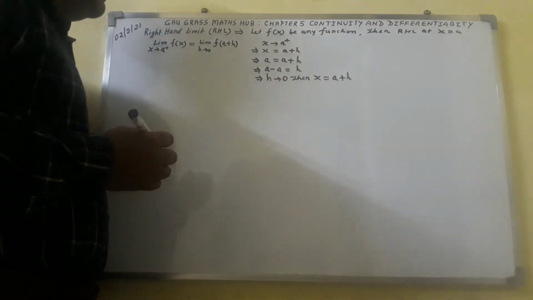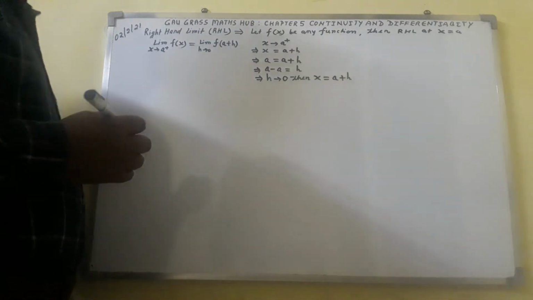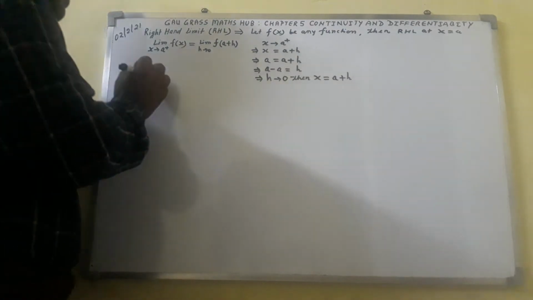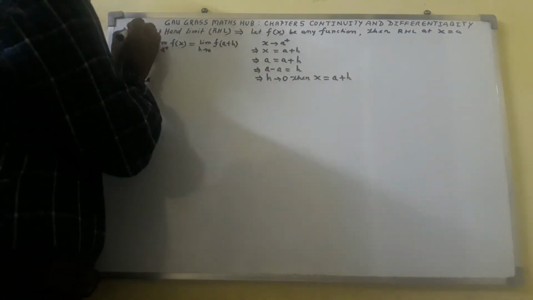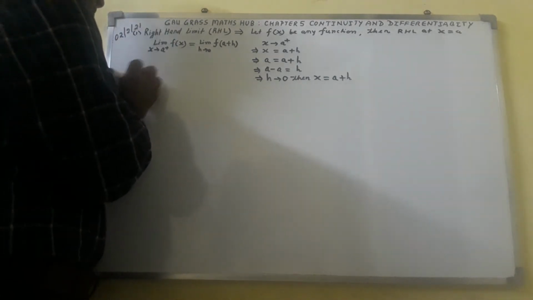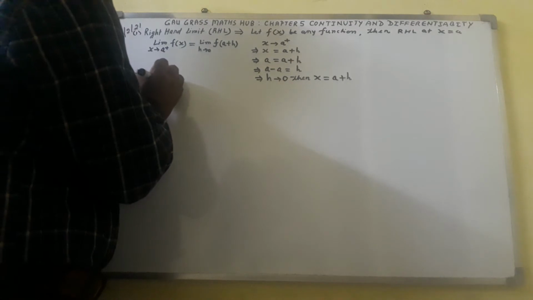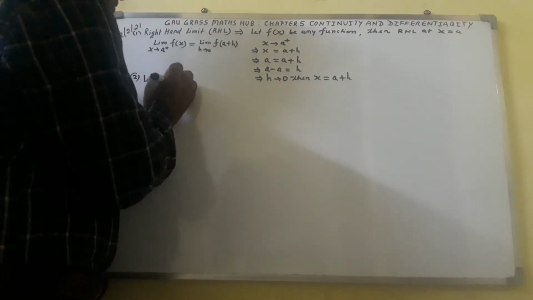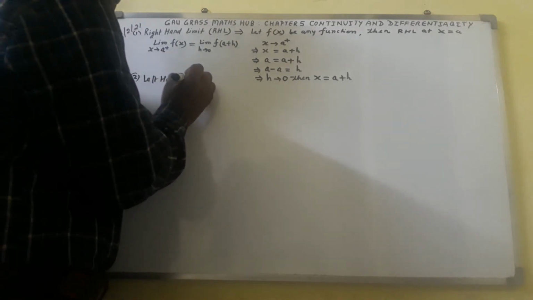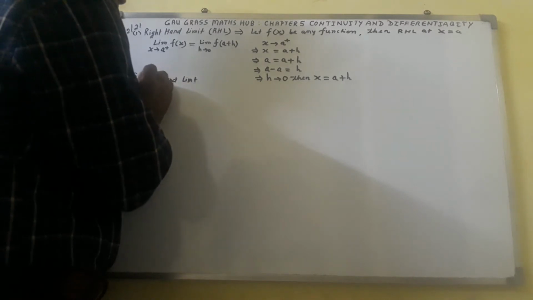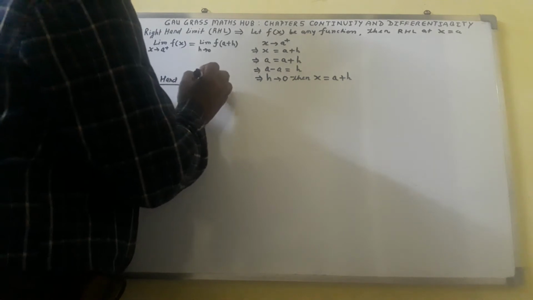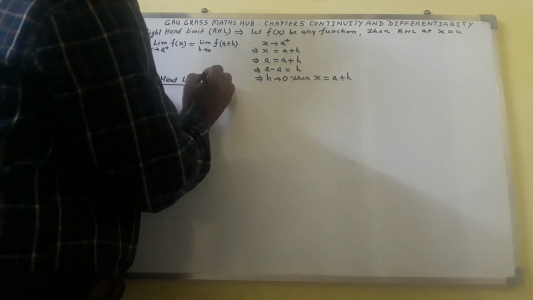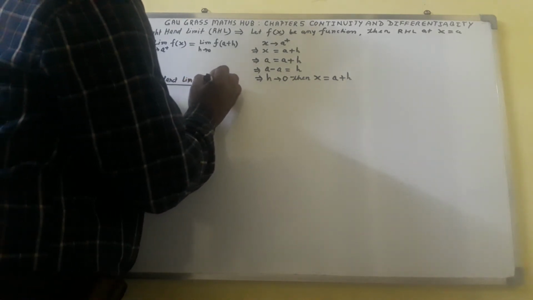Now I shall explain the representation of left hand limit. This is concept number 1. Here I shall write concept number 2, left hand limit. Left hand limit can be abbreviated as LHL.